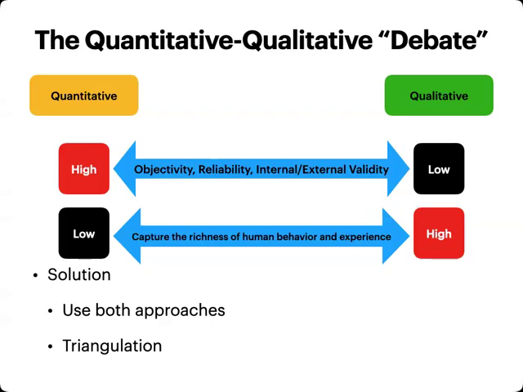Another method for integrating quantitative and qualitative research is known as triangulation. It involves using both types of methods at the same time to explore similar questions and then comparing the outcomes. When the results from quantitative and qualitative approaches align on the same overall conclusion, they support and enhance each other.